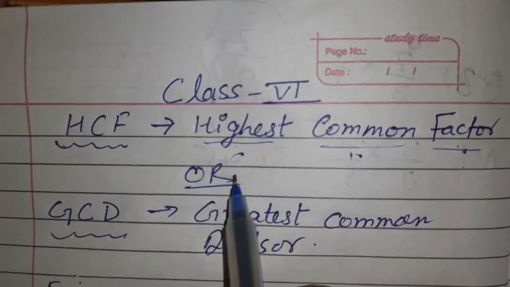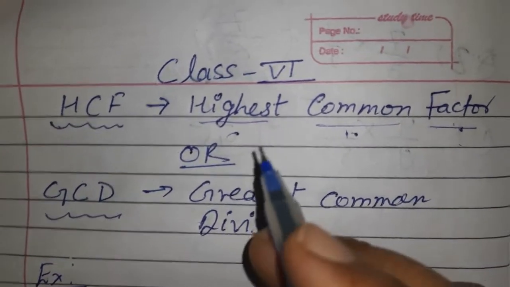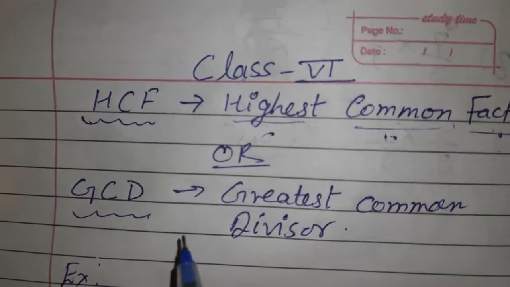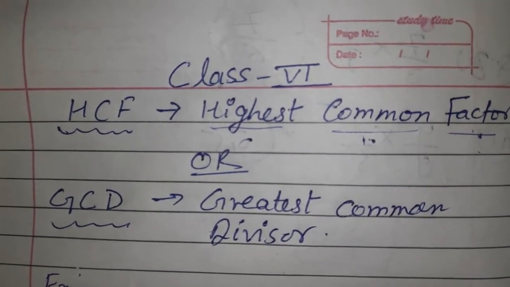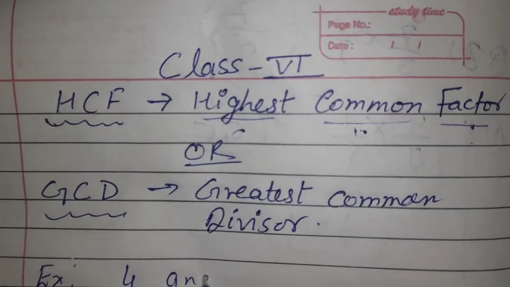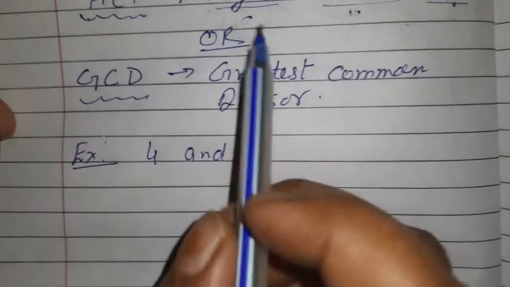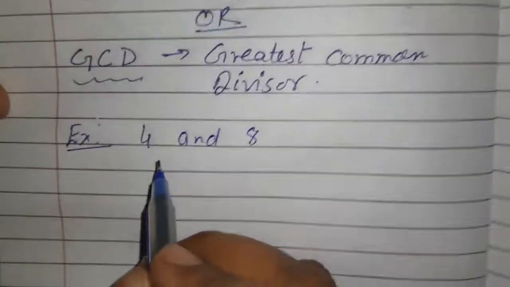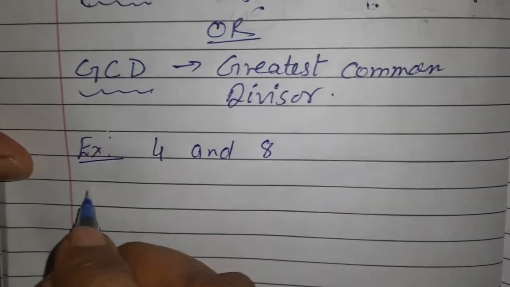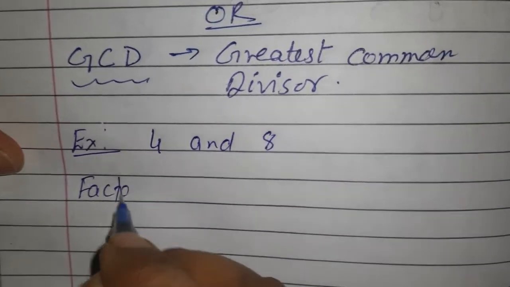To understand this, let us take one example. Suppose you are going to find the HCF of 4 and 8. What is the meaning of highest common factor? First find the factors of 4.